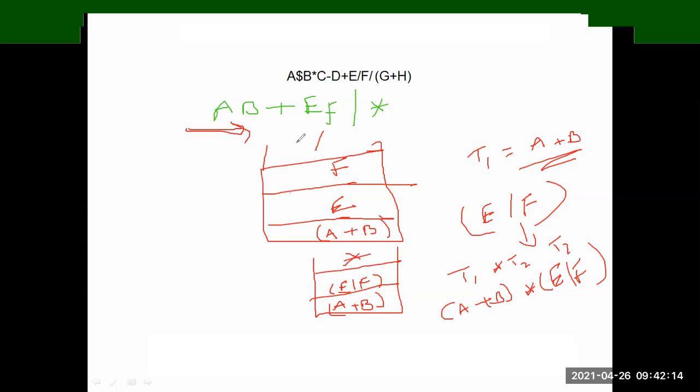That's why I'm taking the left to right direction. When we are converting prefix to infix or postfix, you take the prefix expression. I am telling one example here.